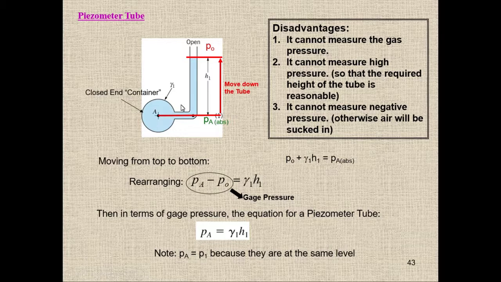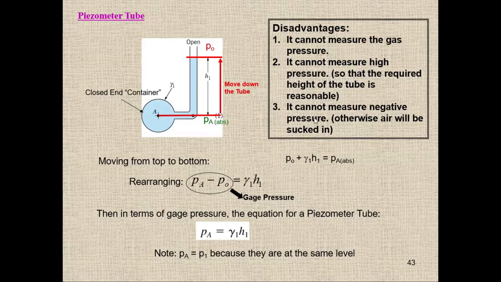So it is not used to measure gas pressure. Second, it cannot measure high pressure, so that the required height of the tube is reasonable. If we have high pressure in the container, then this height will be much higher, which is not feasible.